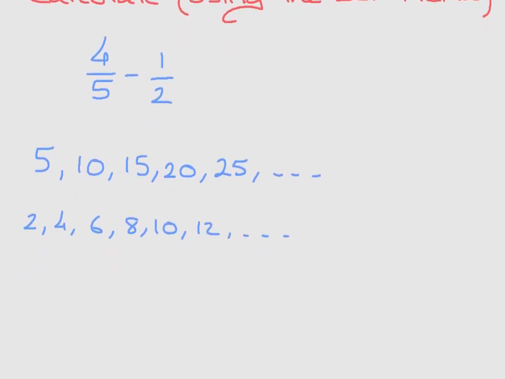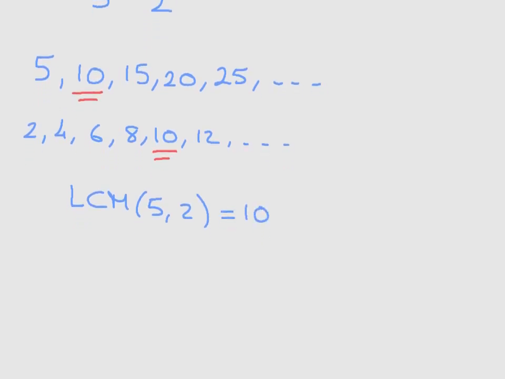Now, looking at both of these lists of multiples, we have to find the least common multiple. In other words, which is the smallest number common to both of those lists? Well, looking at these, we can see that 10 is definitely the least common multiple. And we write this: LCM of 5 and 2 is equal to 10.